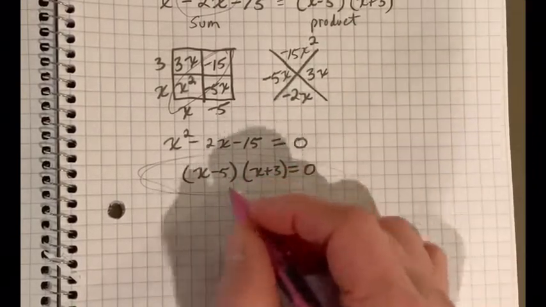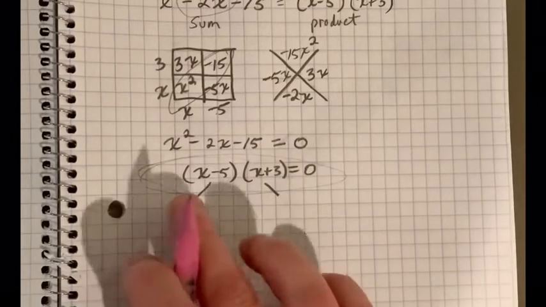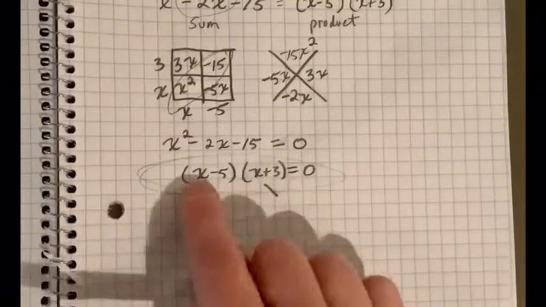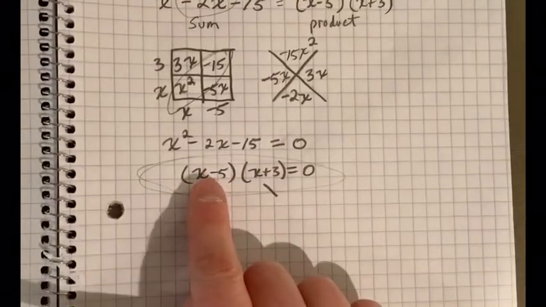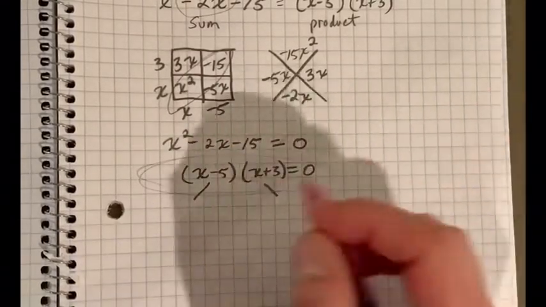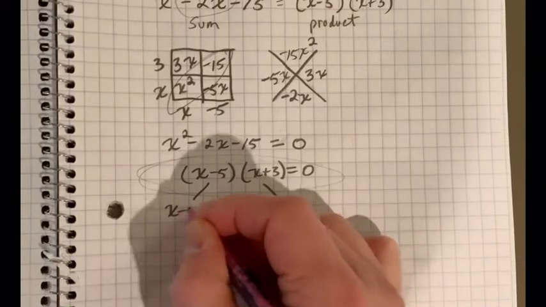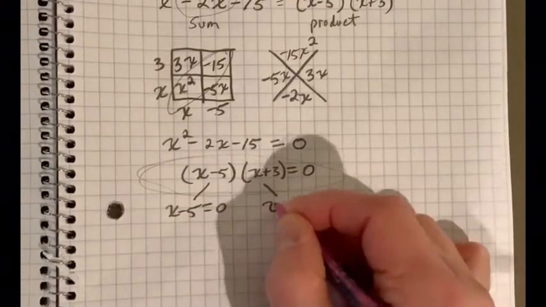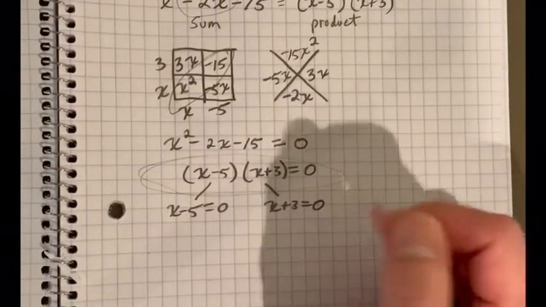So we break this out and get these both equal to 0. Because they're being multiplied together, either this factor is 0, or this factor is 0, or both of them could be 0. So we say x minus 5 equals 0 on this side, and x plus 3 equals 0 on this side.